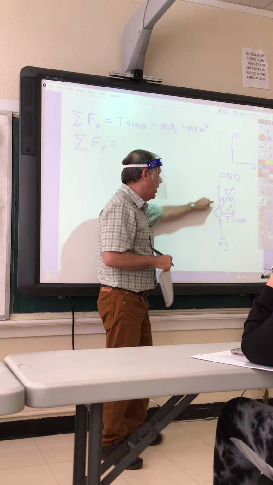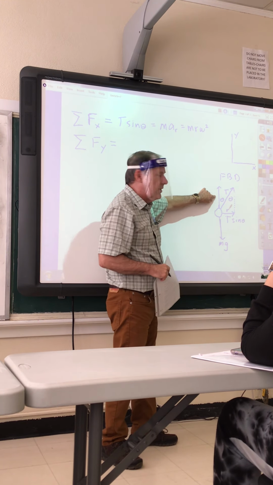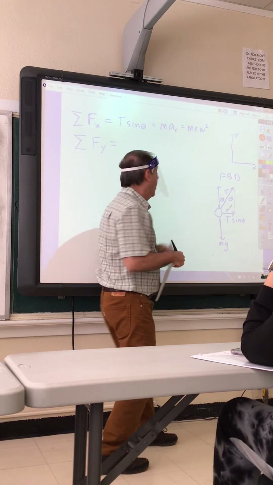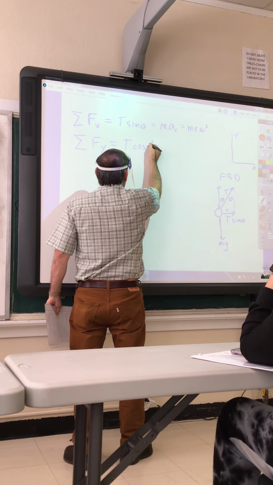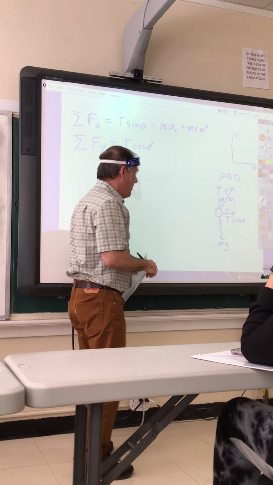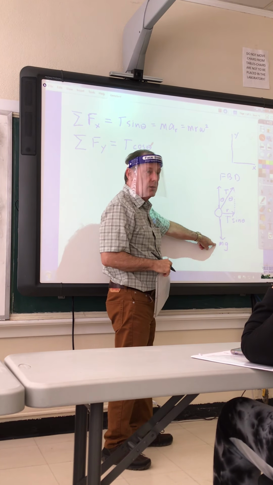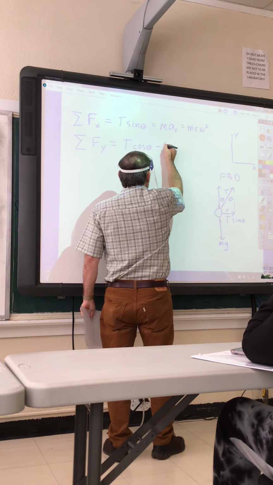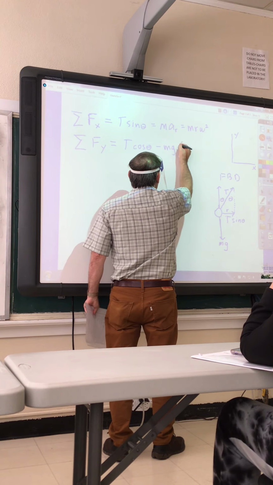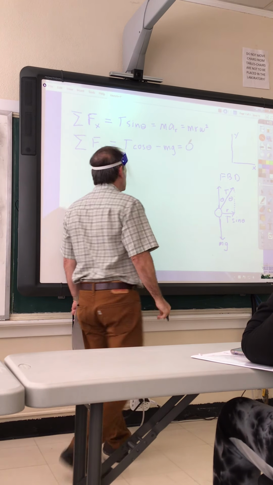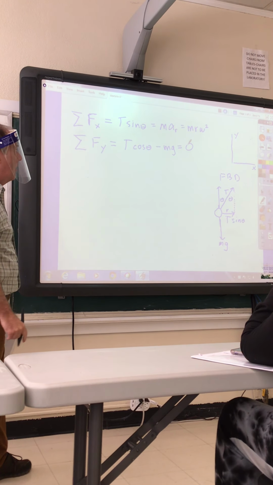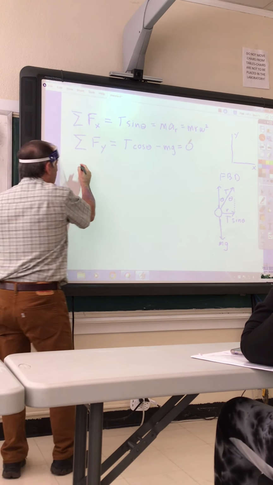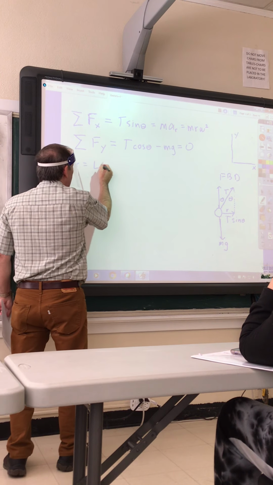In terms of the tension, this is equal to T cosine theta, and then this one is just minus mg, equals 0. Now we haven't done anything with r. R is equal to L sine theta.